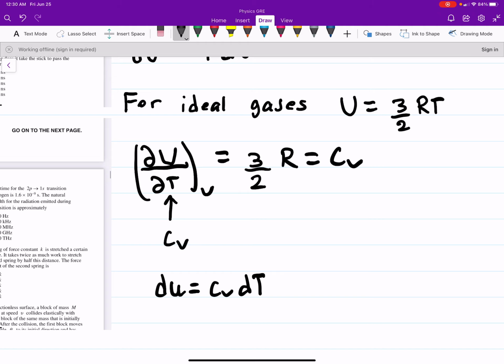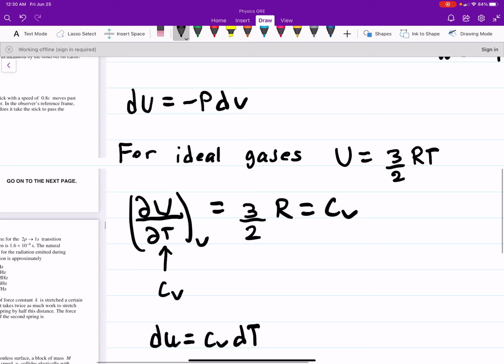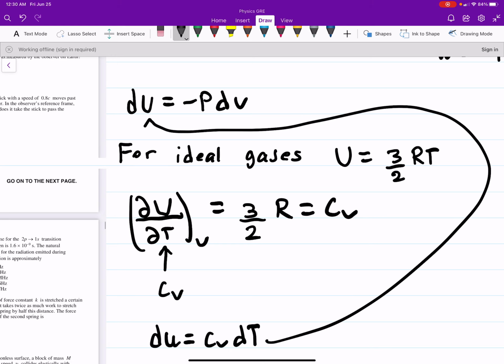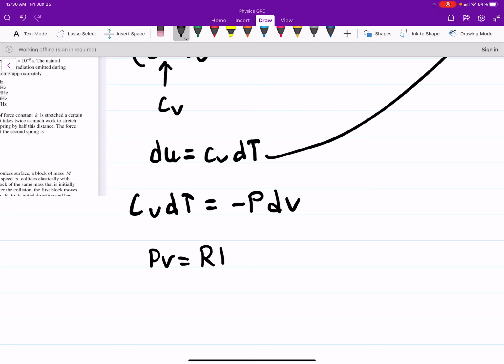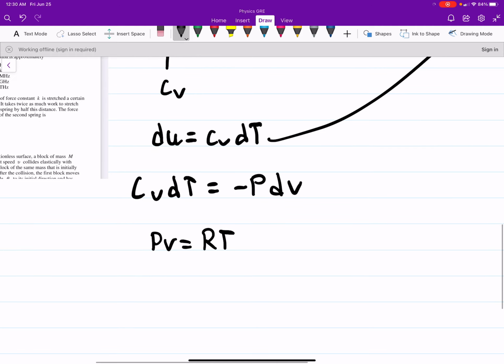Well, then we can take this and plug it into here. So we have Cv dT equals negative P dV. But again, it's an ideal gas, and we know for an ideal gas, PV equals RT. It's actually nRT, but just to simplify it here.